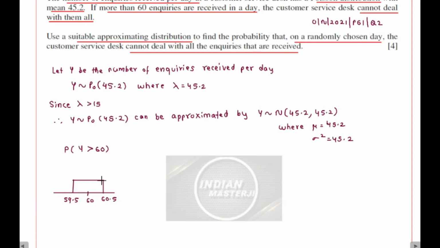That means 60 should not be included and we have to move to the right. So in the normal distribution, the value of y will become 60.5. So I can say the probability of y greater than 60 for the Poisson distribution transforms to the probability of y greater than 60.5 in the normal distribution.